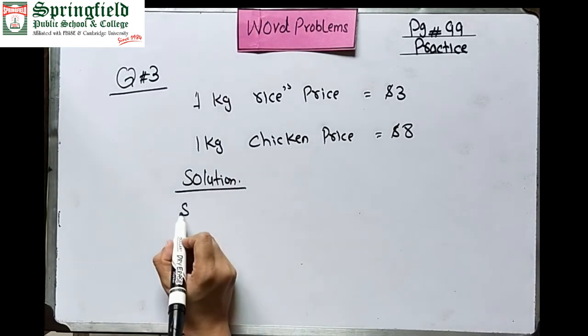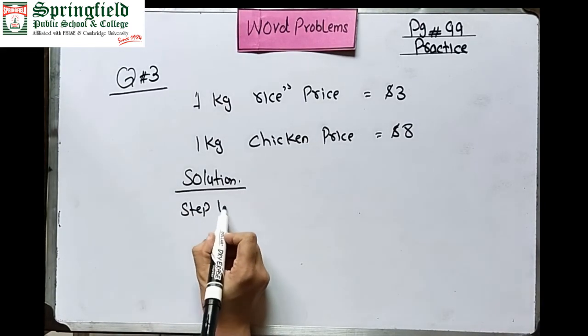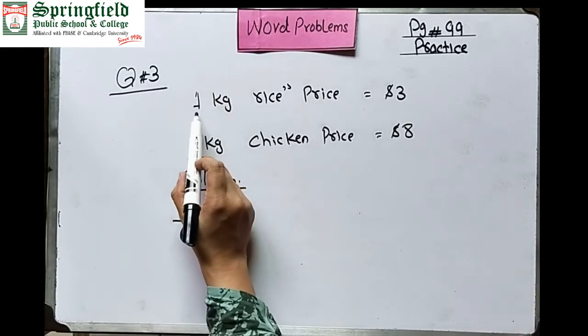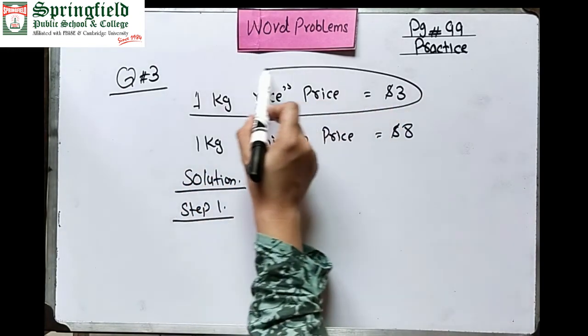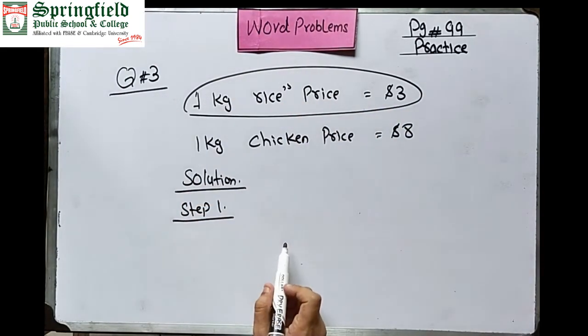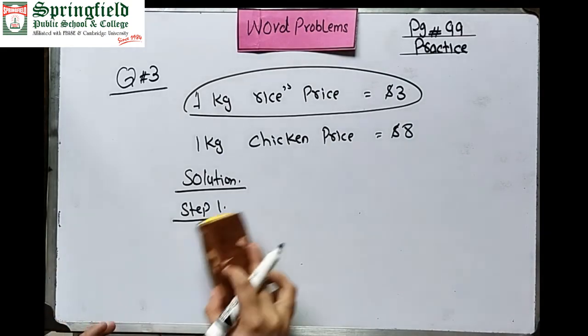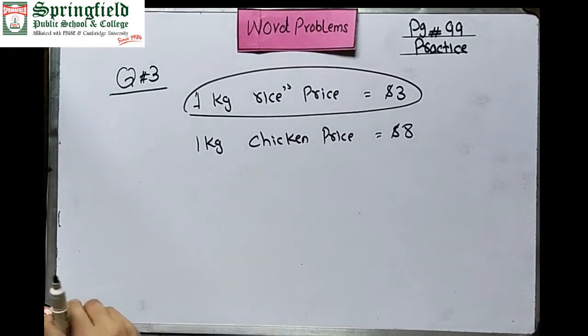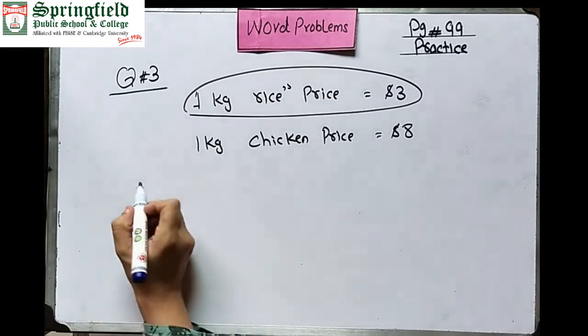So in the first step we will find the price of 2 whole 1/2 kg of rice, and in the second step we will find the total price of 1 whole 1/4 kg of chicken. Then in the third step we will add. Fine. Okay.